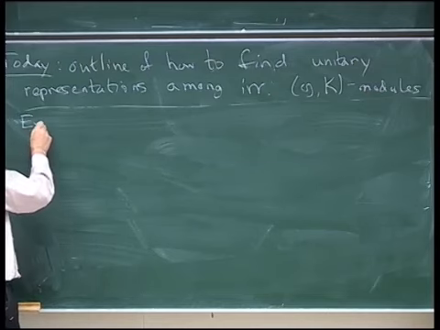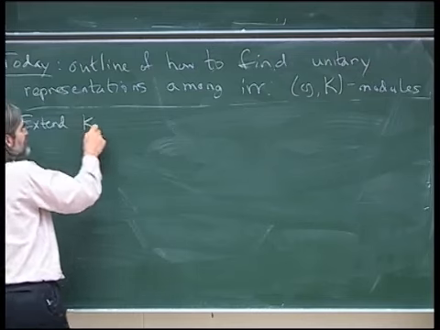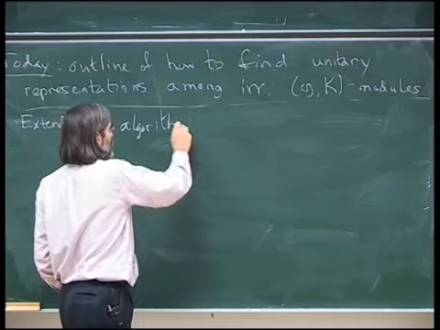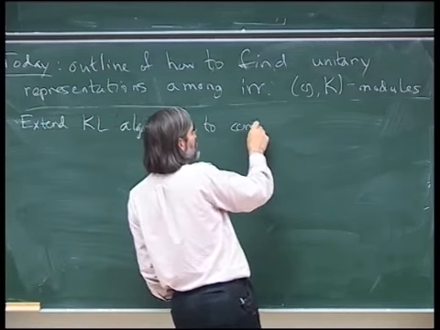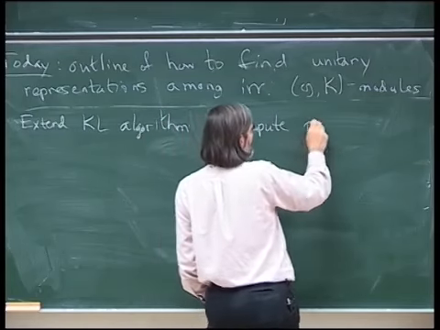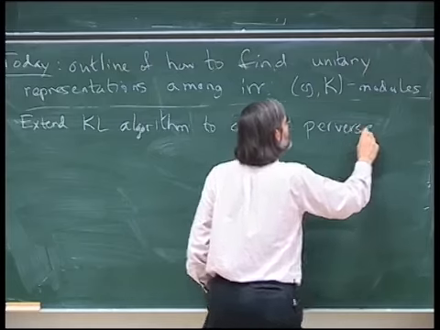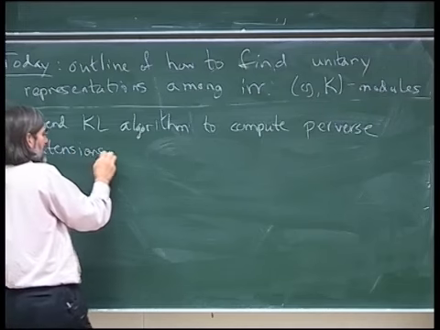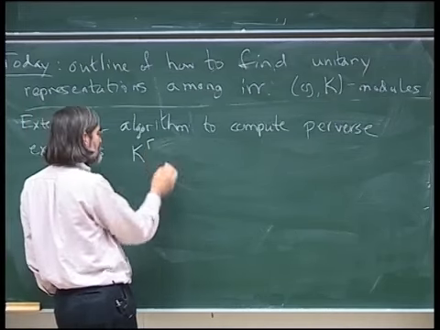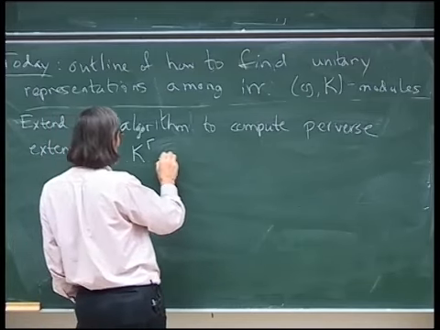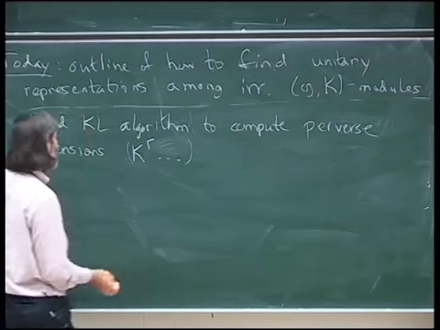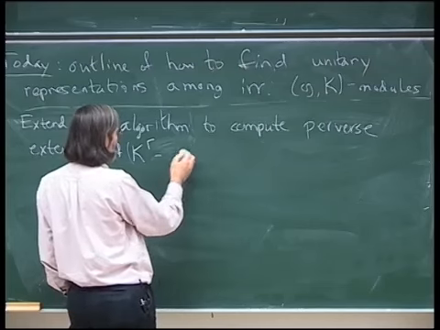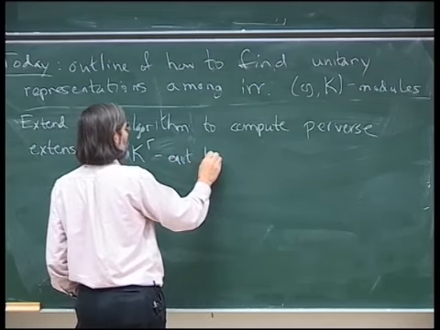So the next thing that you have to do is extend the Kazhdan-Lusztig algorithm to compute these perverse extensions of these K gamma equivariant local systems.